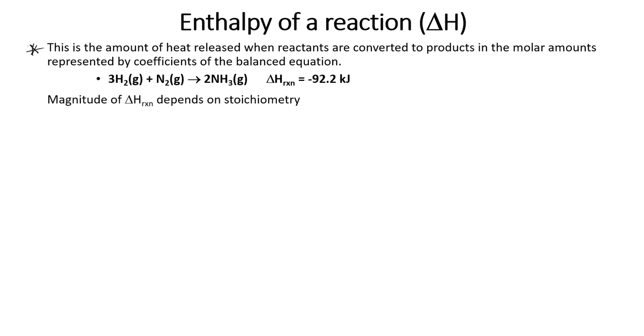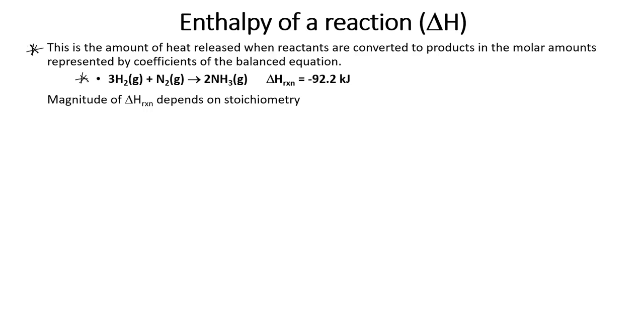So we have this reaction here. 3 hydrogen molecules react with 1 nitrogen molecule to make 2 ammonia molecules. So the enthalpy of reaction is negative 92.2 kilojoules. The negative itself just shows that the reaction is exothermic.